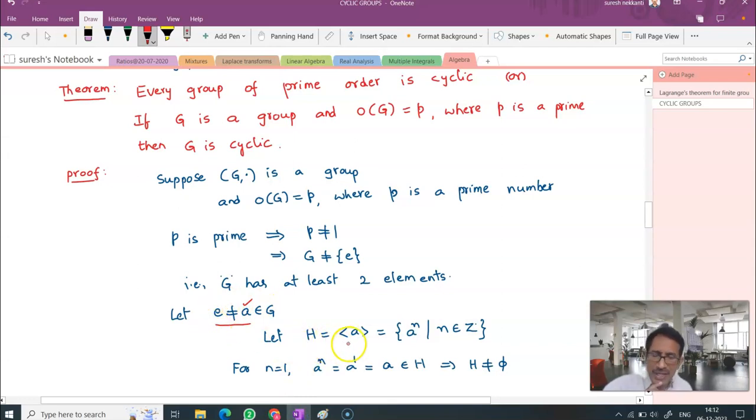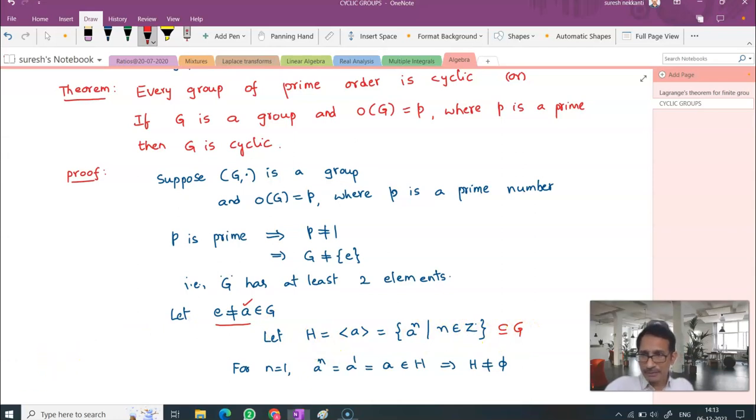Now we consider a set H which is clearly a subset of G, because A is an element of G. A power n means A dot A dot A. By closure law, everything belongs to G. Therefore, each element of H is an element of G, so this is clearly a subset of G. Now, what we will prove is that H will be a subgroup of G.